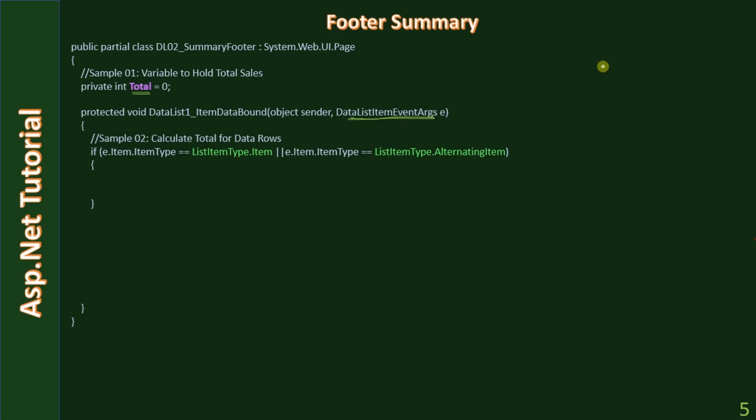So if we take our previous example, I mean the very first example, it displayed 6 items, right?